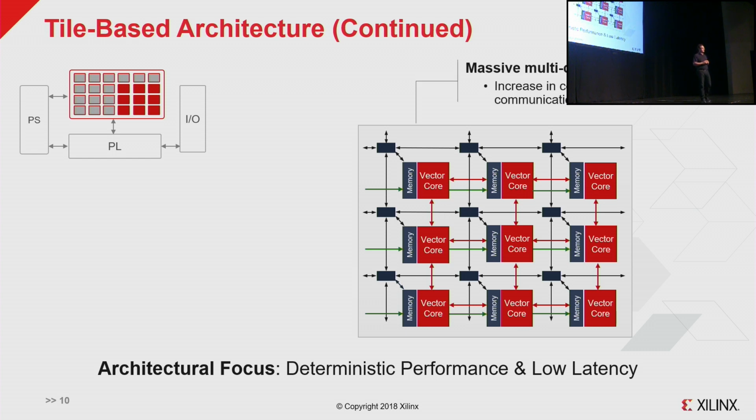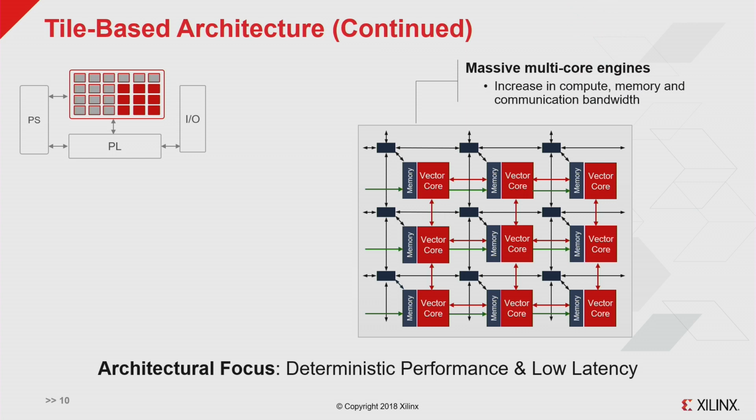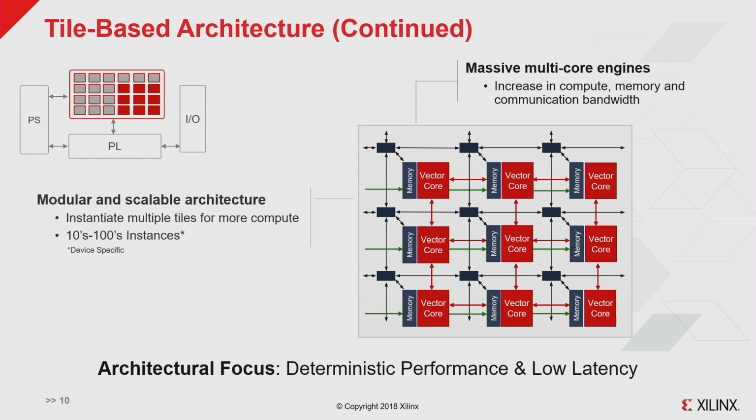So as you can see from this picture, again, this picture is just one example. This is a massive multi-core array of engines to increase the compute. It's a modular and scalable architecture. You can instantiate multiple tiles to get more compute. The memory scales, obviously, with the compute.